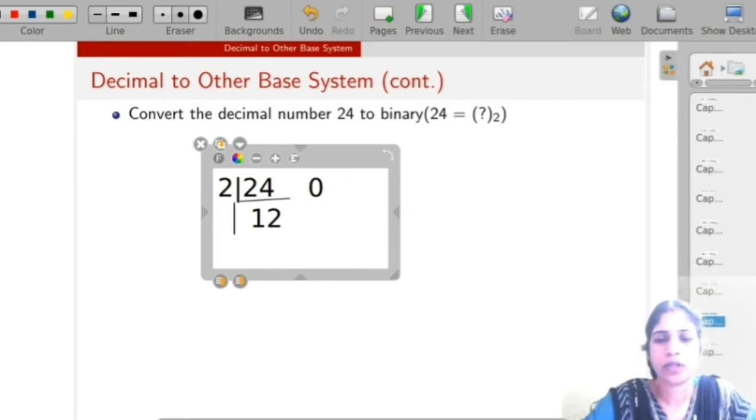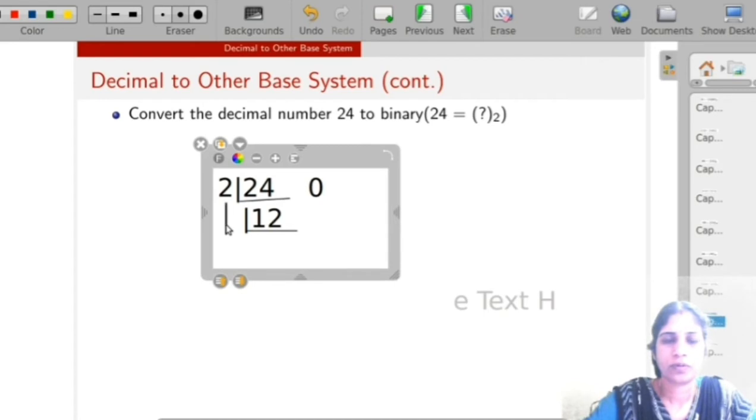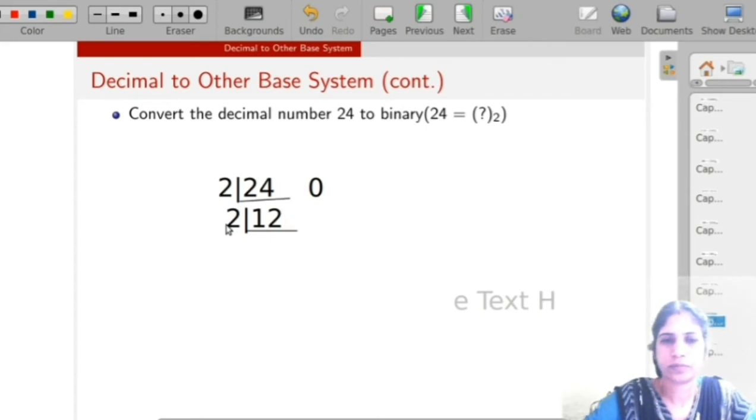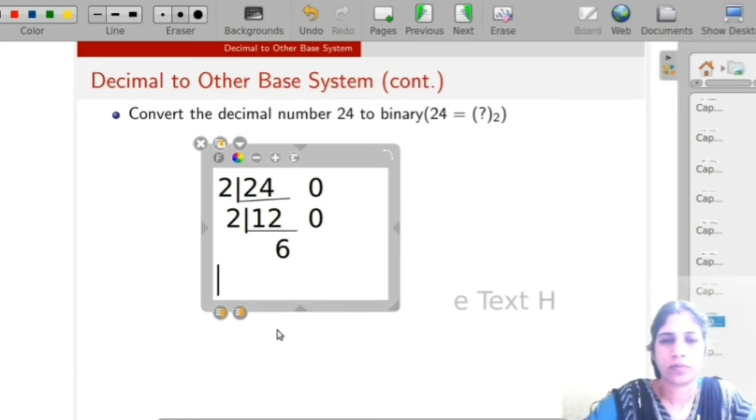Then next we divide 12 by 2. When you divide 12 by 2, you get 6 as quotient and 0 as remainder. Again divide 6 by 2.